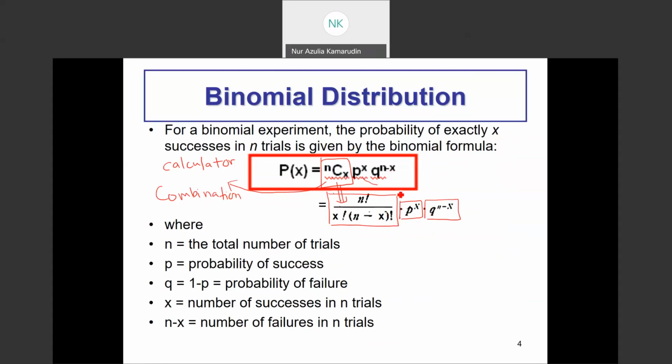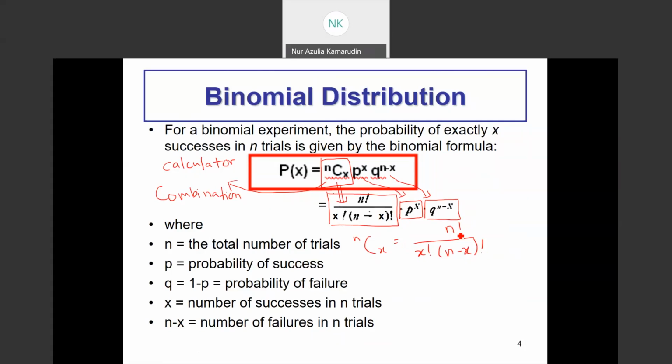Okay, so this is C. Basically, you can also find nCx using this.